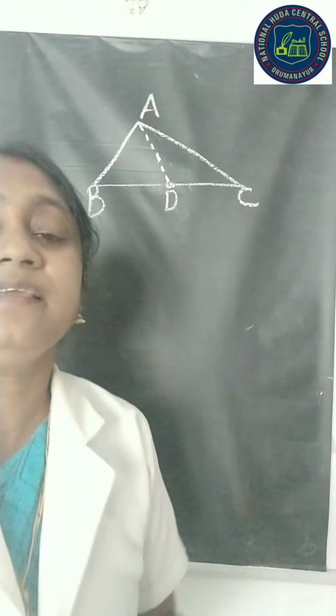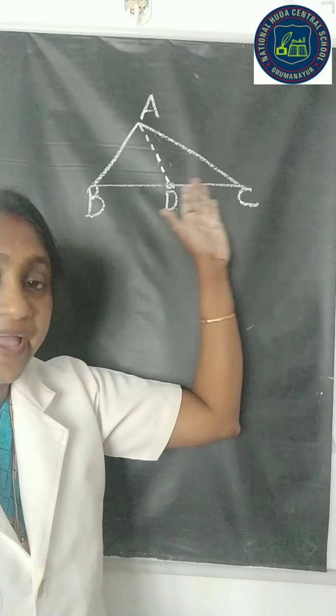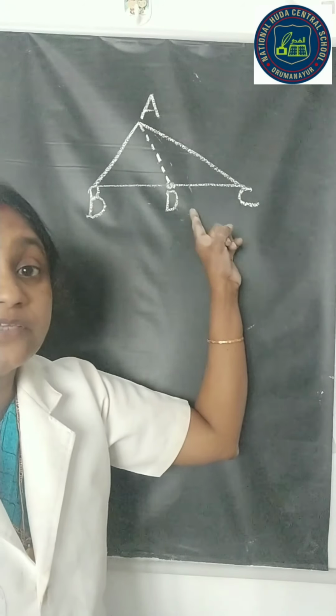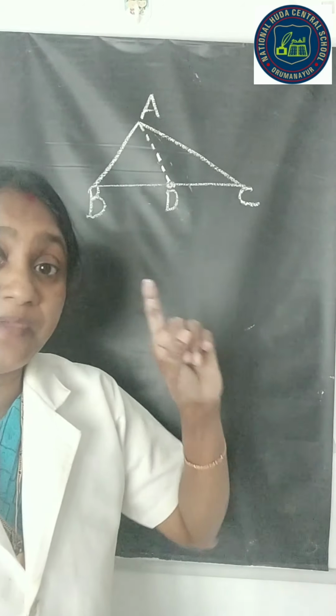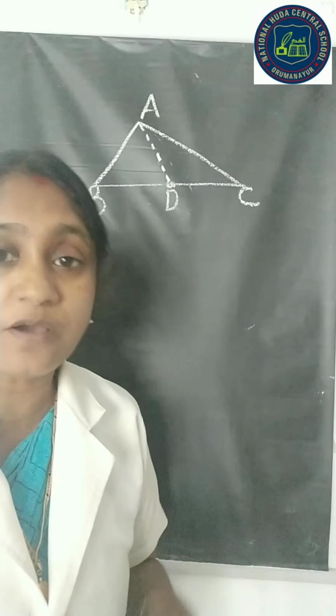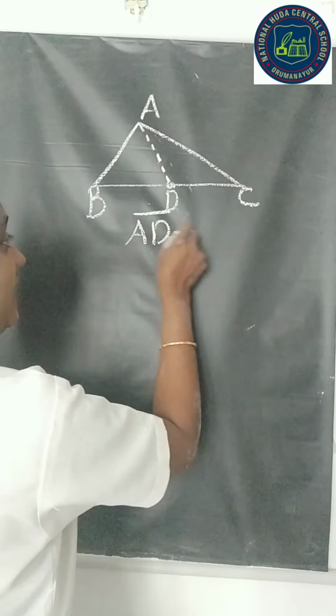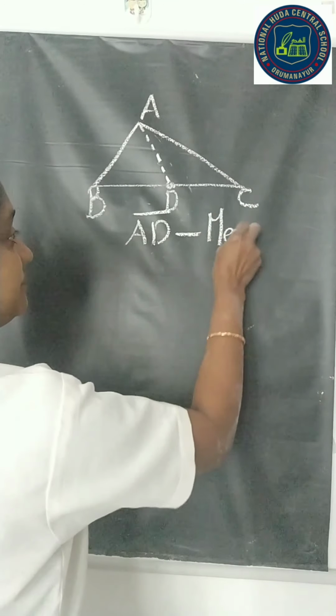A median connects a vertex and the midpoint of the opposite side. So here AD is the median.